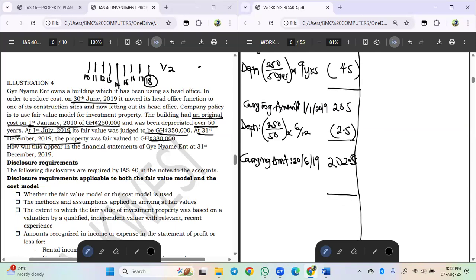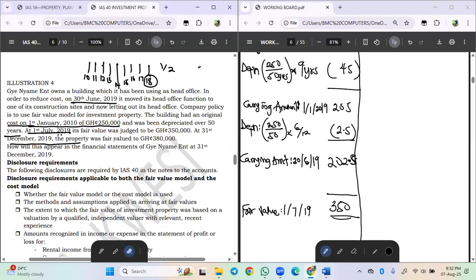So the building was fair valued to 350 at 1st July 2019. Because they've converted it to IAS 40 in the year 2019, the difference is fair valuation difference.